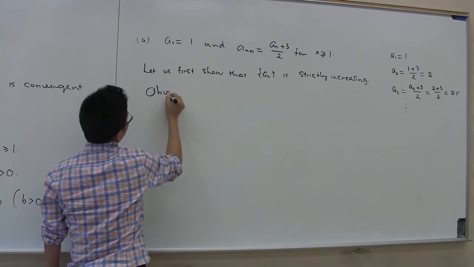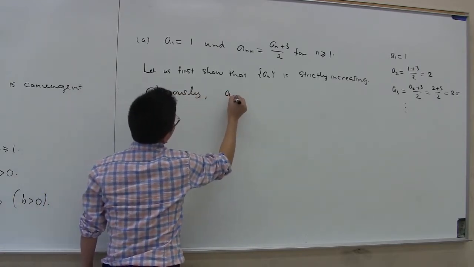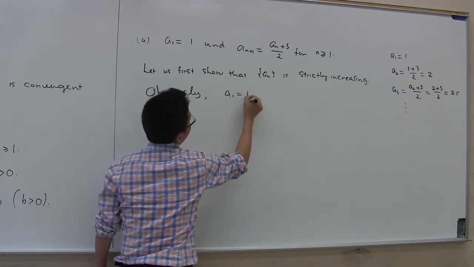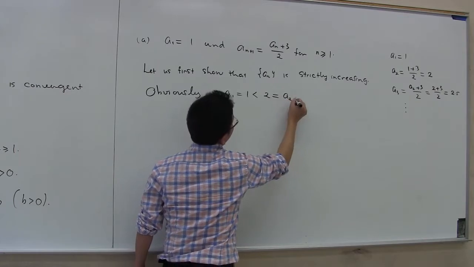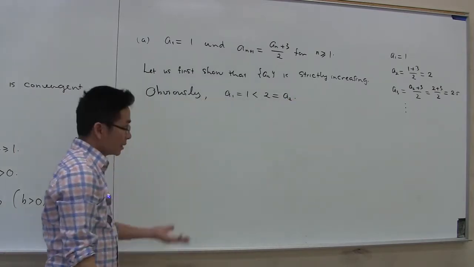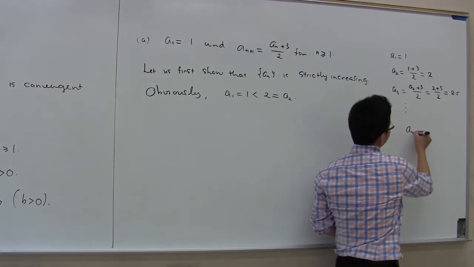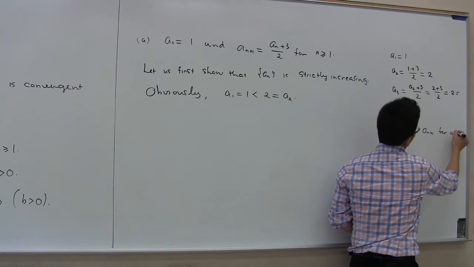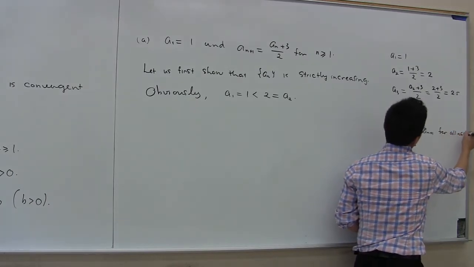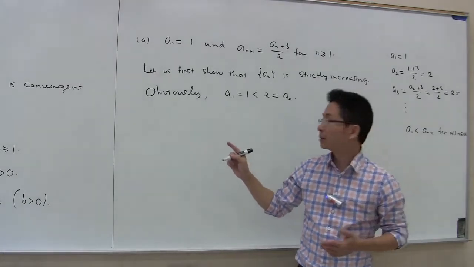Obviously, a1 is equal to 1, so it's less than 2, that is a2. Our goal here is to show that a_n is strictly less than a_{n+1} for all n in N, and this is true when n is equal to 1.